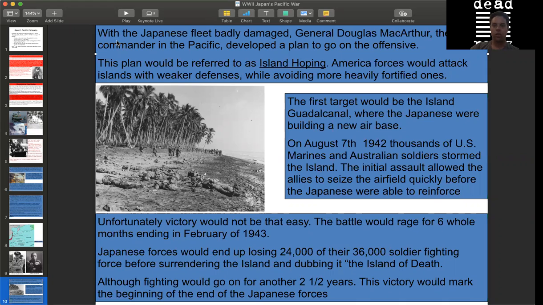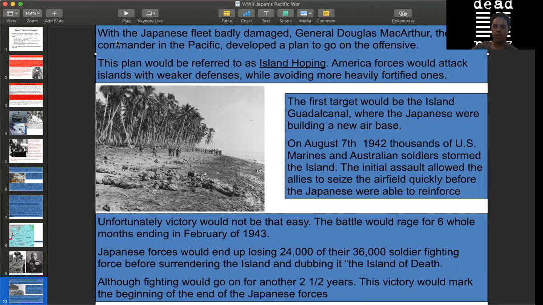Now, the first target of the island hopping campaign would be the island of Guadalcanal, where the Japanese were building a new airbase. If they completed this airbase, it would give them once again an ability to launch attacks at American forces in Hawaii and also through the Philippines.